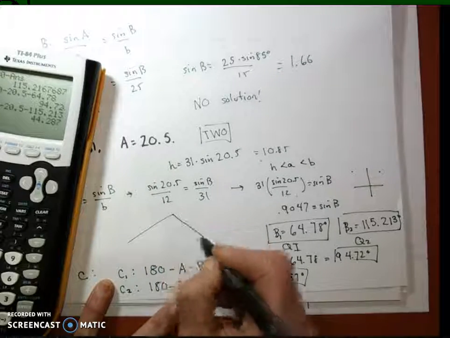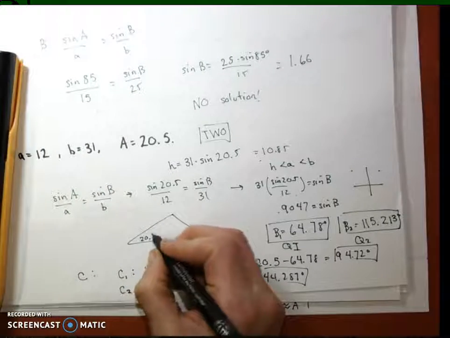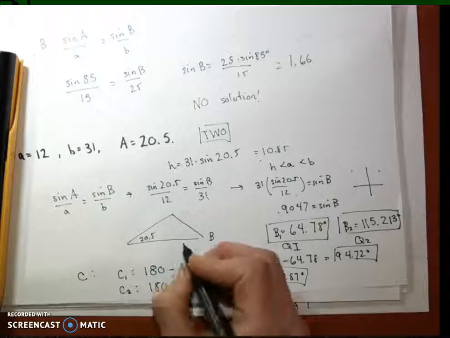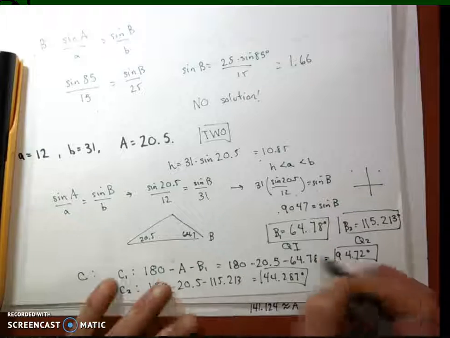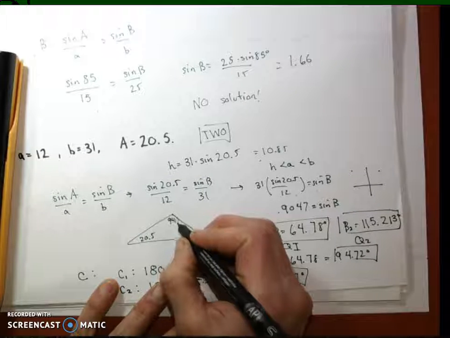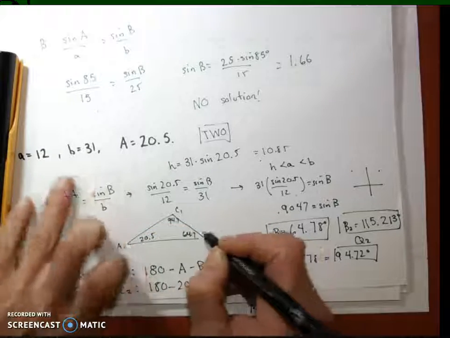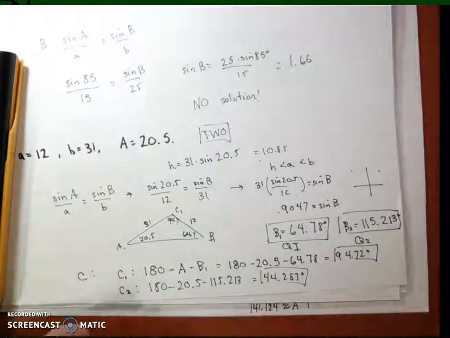So this tells me I have two possible triangles. One is this one, where A is 20.5, B is 64.7, and C is 94.7. So this is B1 and C1. And here I still have little a is 12 and little b is 31.